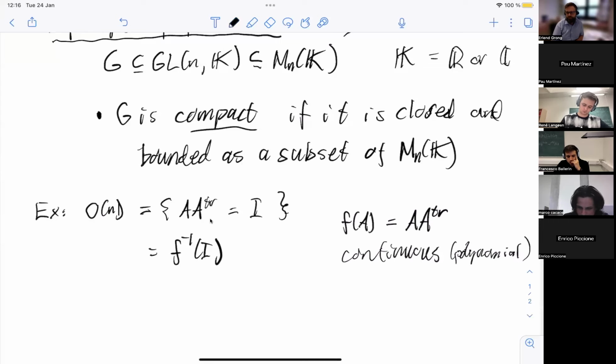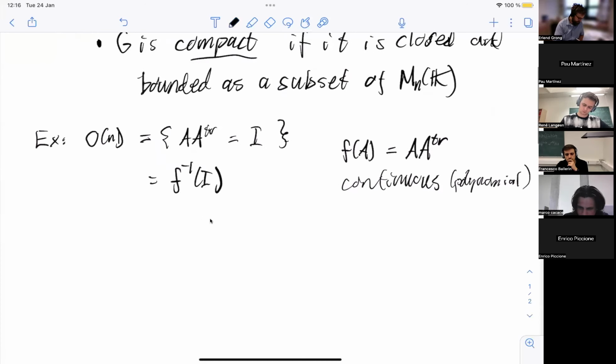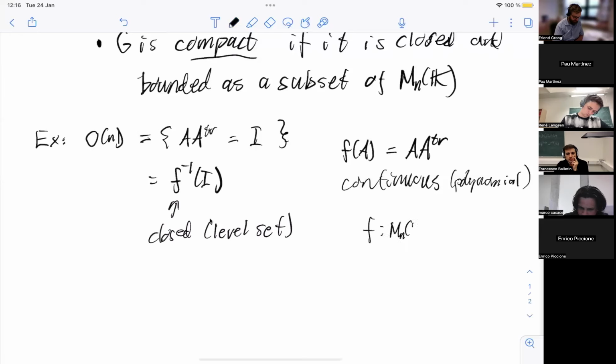Almost everything is continuous because it's a polynomial, and this set is closed because it's a level set. I can define this map to go from all matrices into all matrices.